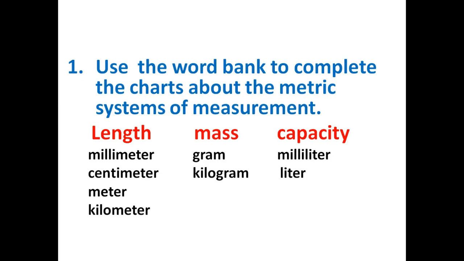Now we have to place them according to their proper place. The first chart is about length. Now we will select what things are in the length. We can see from the given information, millimeter is the unit of length.